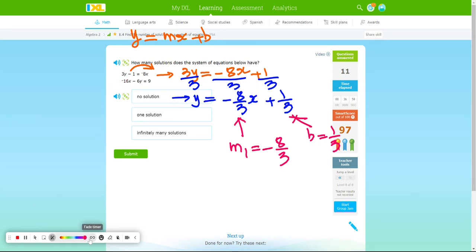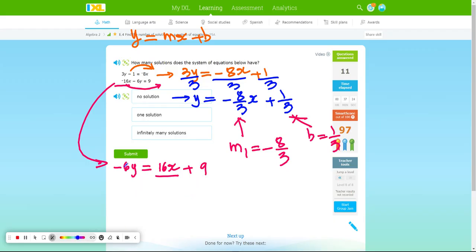Now let's find the second equation. I also want to solve for y. What should I do? I move negative 16x to the right side. On the left side I have negative 6y, and when negative 16x moves to the right side it becomes positive 16x. The number 9 is already on the right side.